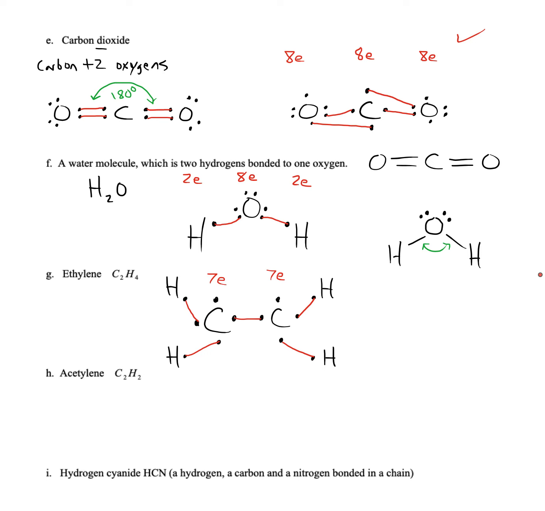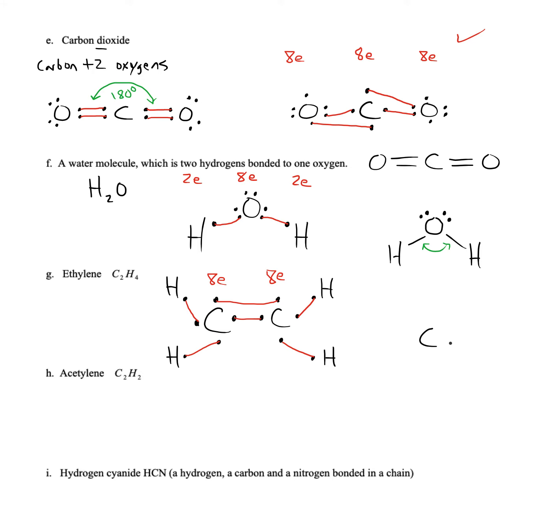So this tells us something about the bond between the carbons. It must be that this single bond doesn't tell the whole story. There must be more to it. And so it must be that these electrons will be shared as well. Now, all of a sudden, the carbons are in contact with 8 electrons total, and the puzzle is complete.